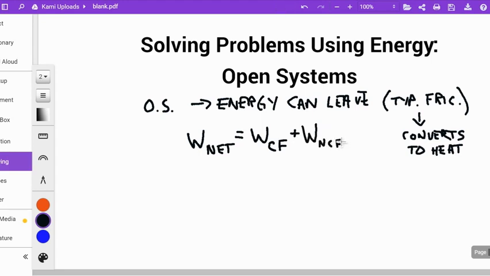For this example, let's just think about friction as being a non-conservative force. A non-conservative force does not have any type of potential energy. There's no frictional potential energy, right?